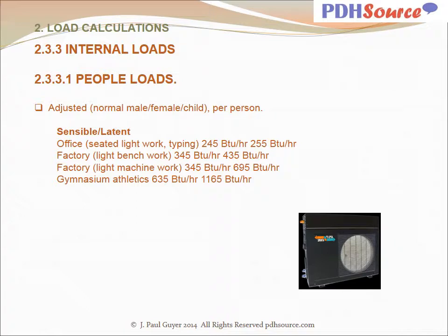That second figure that you see there is latent heating, but we're ignoring that in this discussion. You get an environment where the people are more active, like in a factory or something like that, then each person might be heating the interior of the building at the rate of about 345 BTUs per hour. And then you get up to something like a gymnasium with active exercising, and then a single person might be heating the interior of the building at the rate of about 635 BTUs per hour.